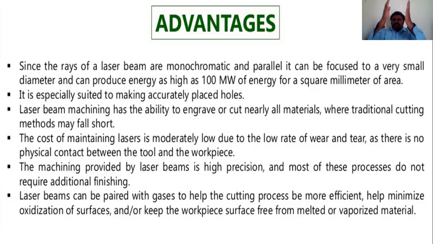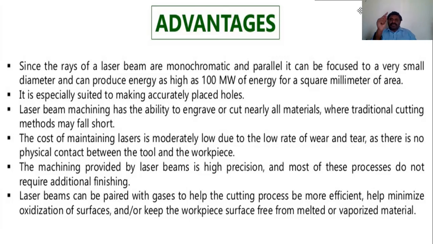Monochromatic light comes out layer by layer and is focused to a very small diameter, about 100 micrometers. So hundreds of milliwatts of energy can be delivered per square millimeter of area. That is one type of advantage.